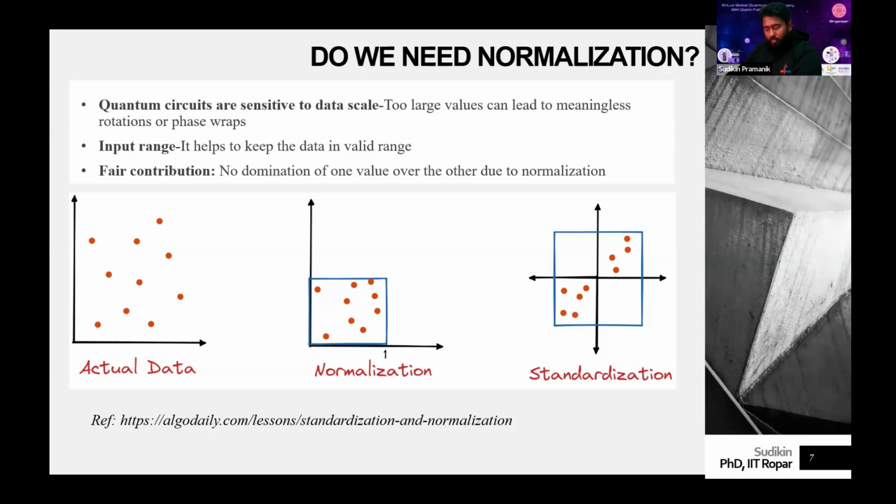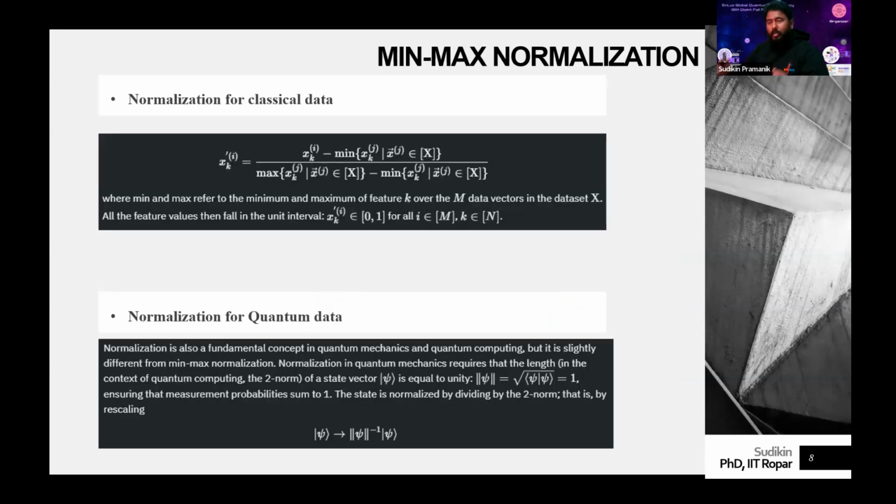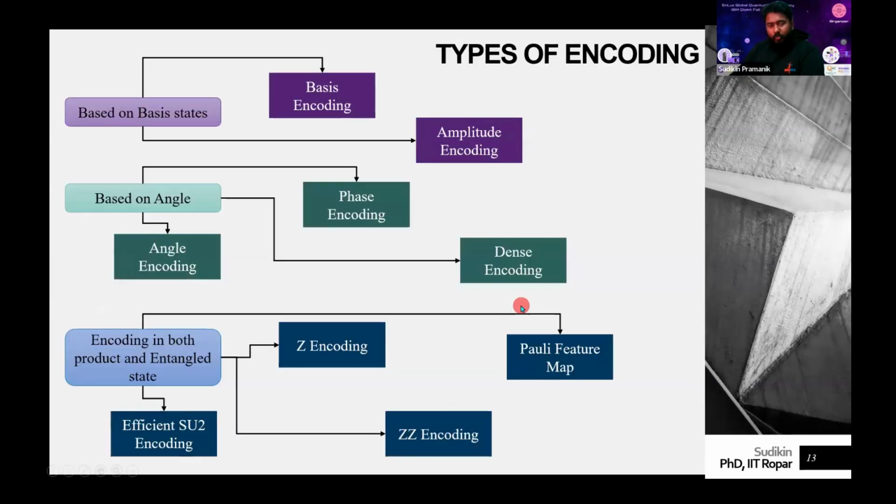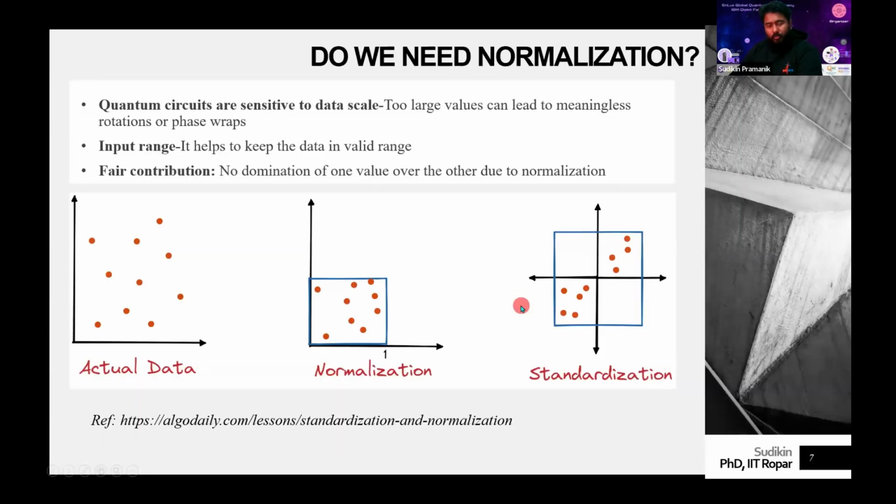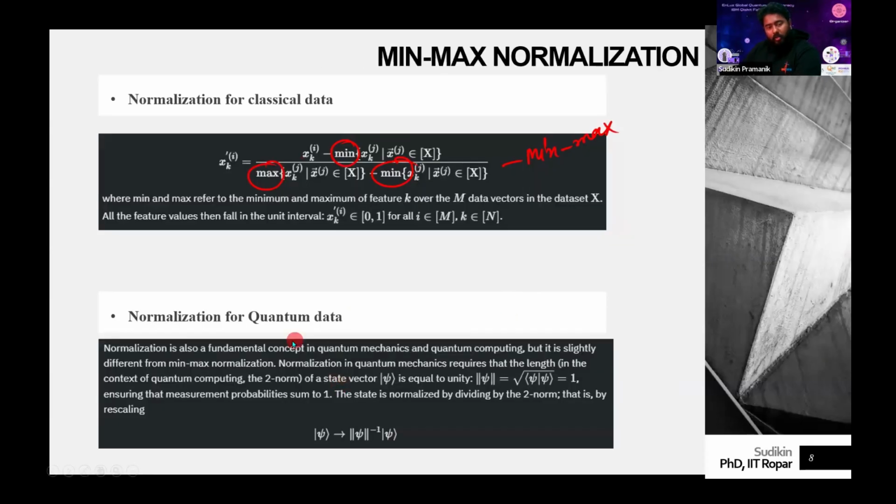If we look closely here, we are comparing the value with the minimum value, and the maximum value minus the minimum value. This is known as min-max normalization. And if you are doing the same thing on quantum data, that can also be a normalization. In that case, we will just divide by the value or the inner product of the space.